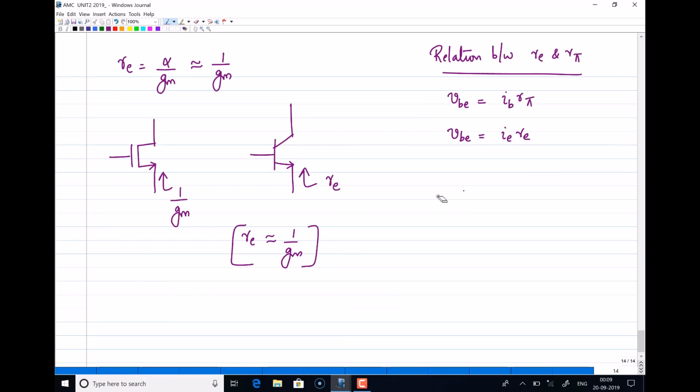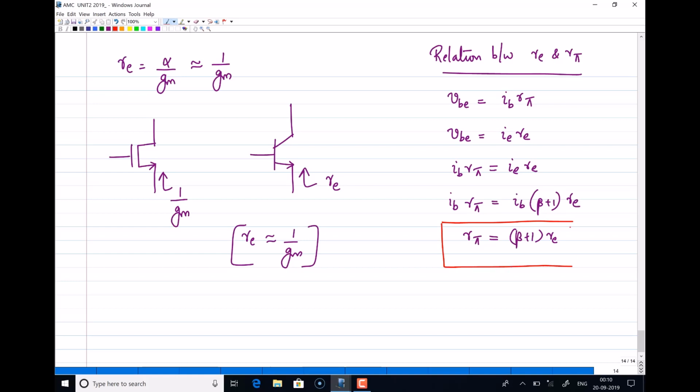If I equate these two, IB into R pi is equal to IE into RE, or IB into R pi equals IB into beta plus 1 into RE. That means R pi is equal to beta plus 1 into RE. This is another very important relation.